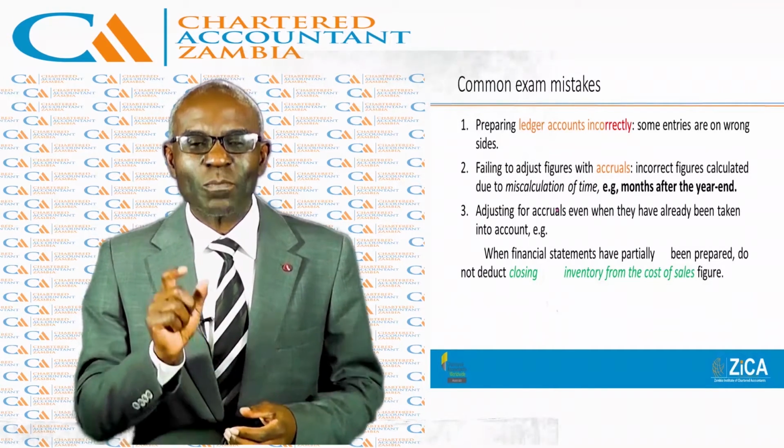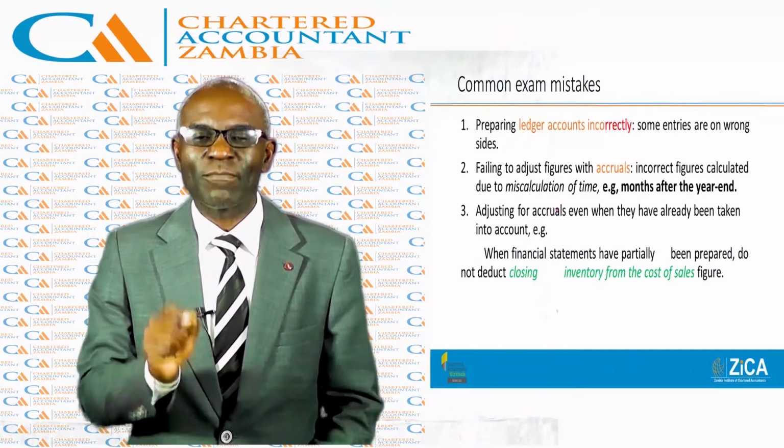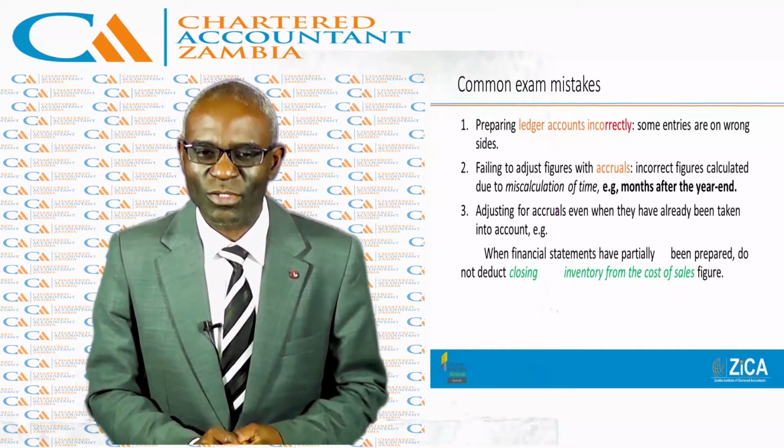Now we come to common mistakes that exam candidates make when writing exams. The first one is putting figures on the wrong side of accounts. Please remember, accounting is nothing else except the applying of double entry. So be sure and clear before you come to an exam that you've mastered the rule of double entry.